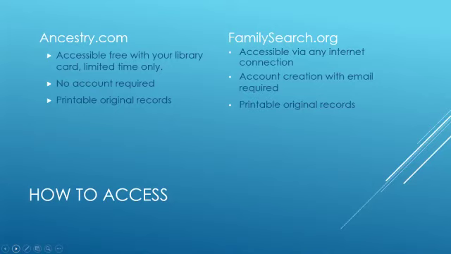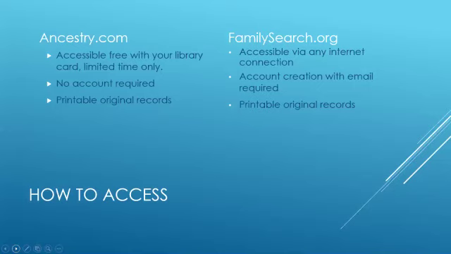Additionally, you cannot create an account with the library edition of Ancestry.com, but what you can do is access all of their census records, and you can print them and you can use their database, and it's a wonderful resource. If you don't have access to Ancestry Library Edition or Ancestry.com, FamilySearch.org has the exact same information as Ancestry.com.